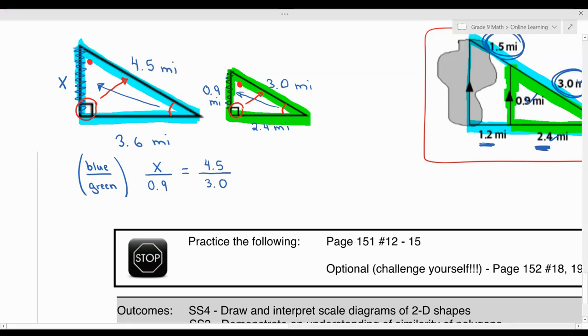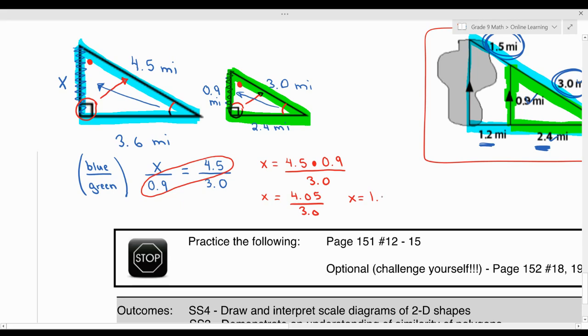All right, do your cross multiplication. I'm just going to do the shortcut method of just doing half of it. So we would have x is equal to 4.5 times 0.9 over 3.0. You don't have to show all this, but this is like 4.05 divided by 3.0.